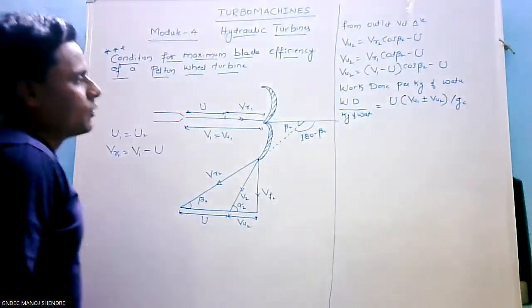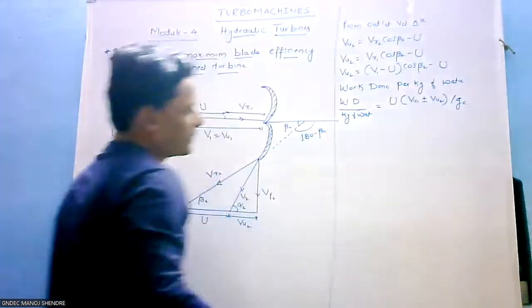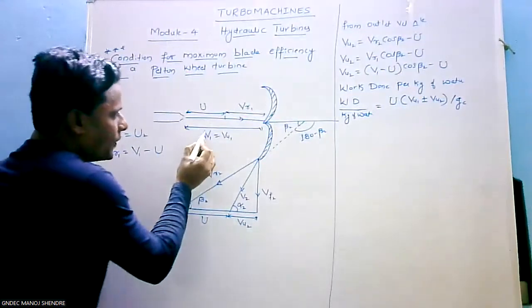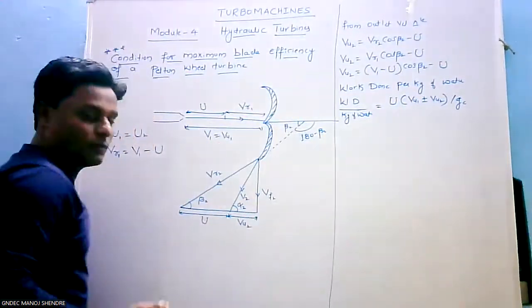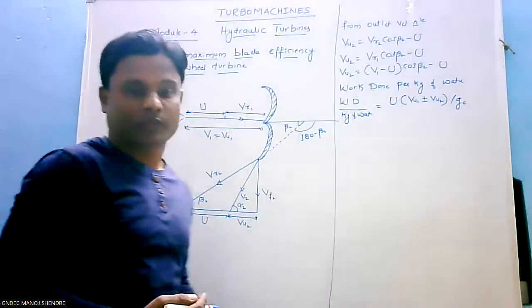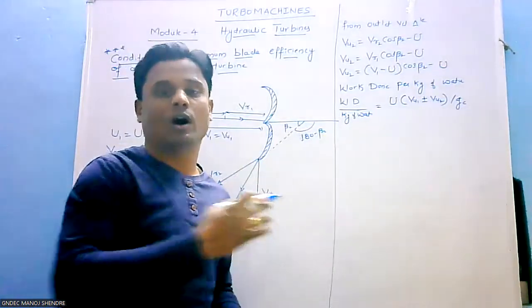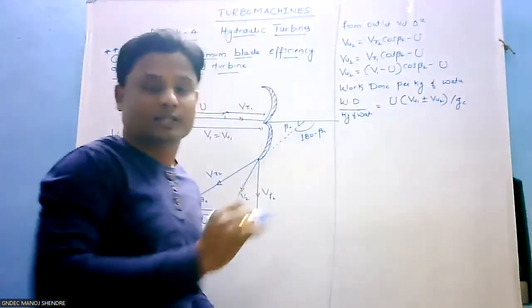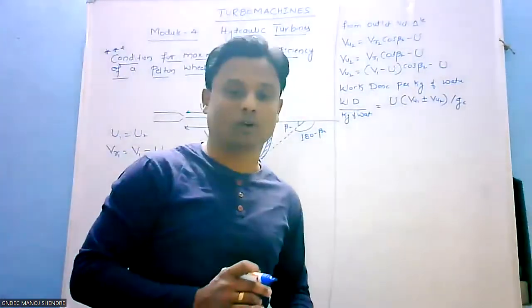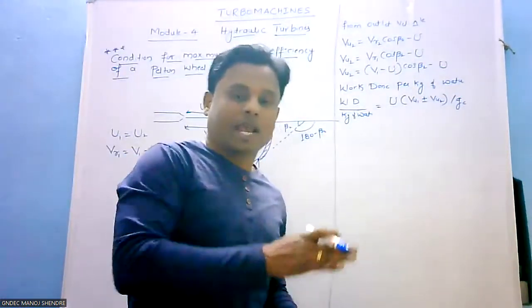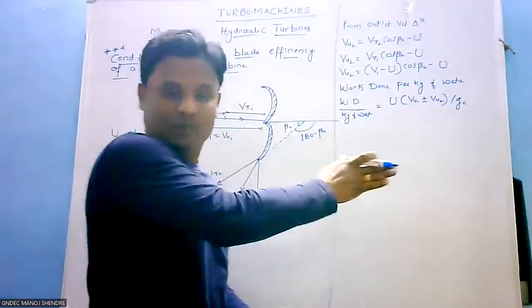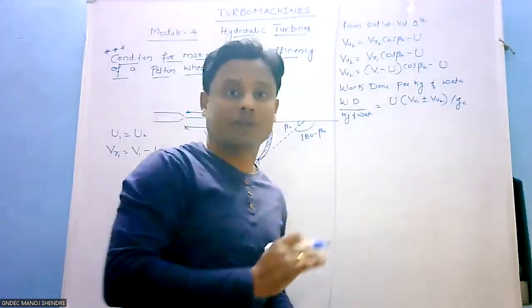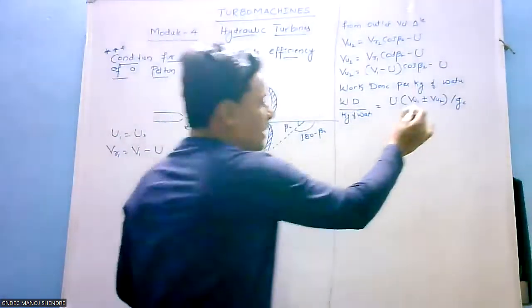Now here, when do we take the positive sign? Remember, when VU1 and VU2 are in opposite directions, then we are supposed to take the positive sign in this equation. This is a very important point that you need to remember. Similarly, if VU1 and VU2 are in the same direction, then we are supposed to take the minus sign.